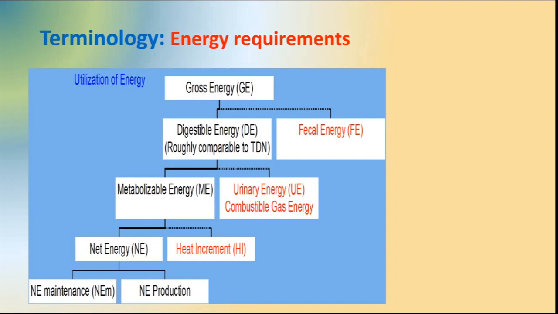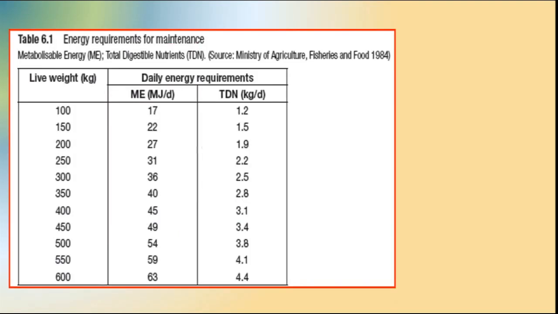But in the hot season, that might be a stress factor. We get the value of net energy. But then net energy is further divided, depending on different functions, into net energy for maintenance, net energy for production, net energy for work, and net energy for lactation. So depending upon the type of function, this net energy can be divided.